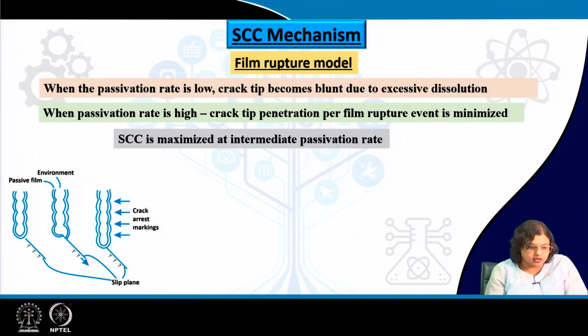As I mentioned, this is a kind of discontinuous growth of the crack, or the crack grows in steps. Initially the crack grows up to this part, and then the film ruptures, and there is an arrest in the crack growth rate for some moment, but then it regains and grows farther.